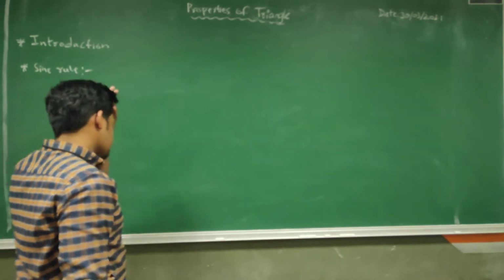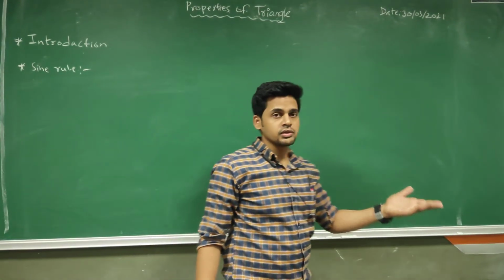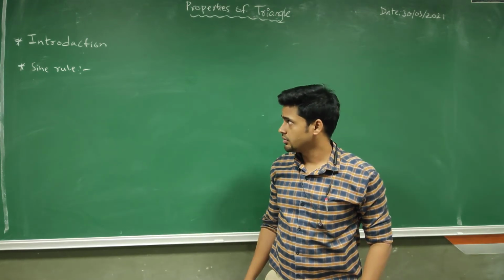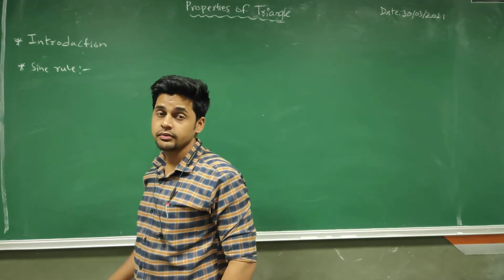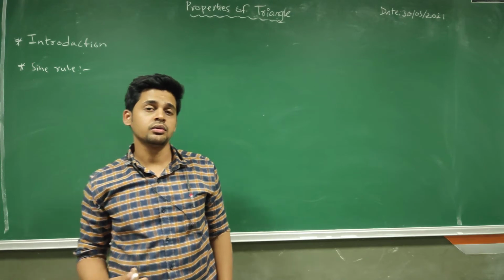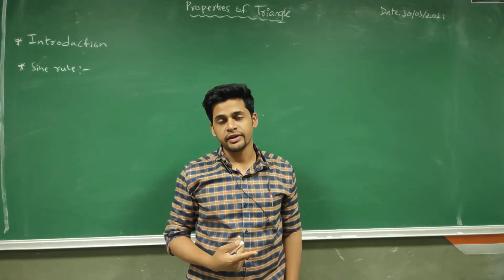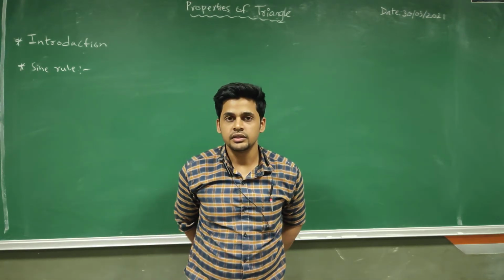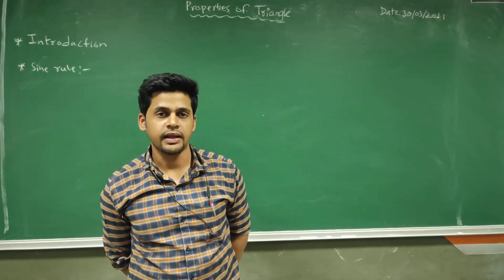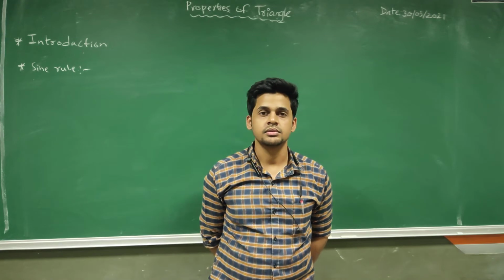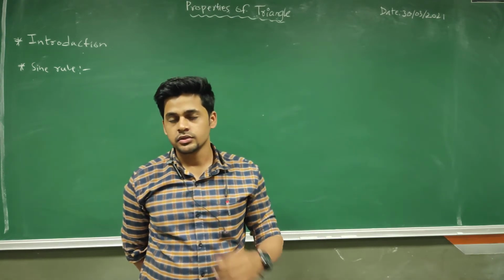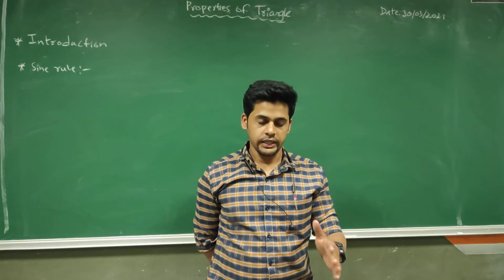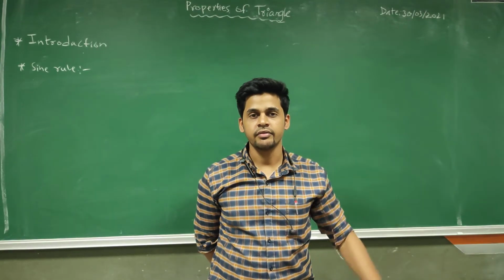Firstly, we are going to learn the sine rule. We should apply the sine rule on different types of triangles. We normally generalize triangles into 3 types: acute angle triangle, right angle triangle, and obtuse triangle. So we are going to apply the sine rule on each type of triangle.